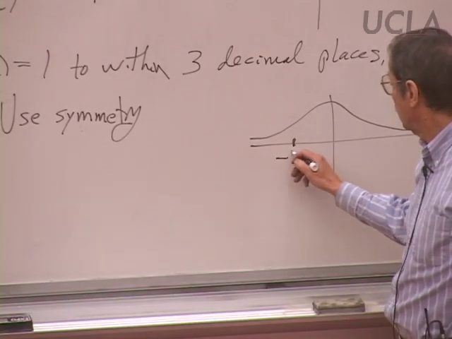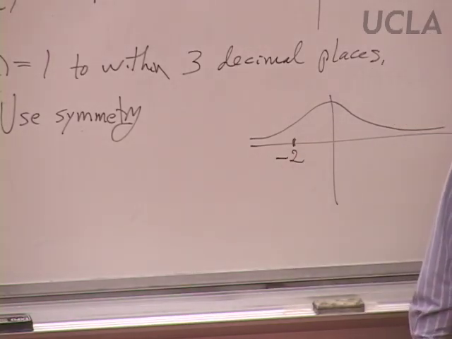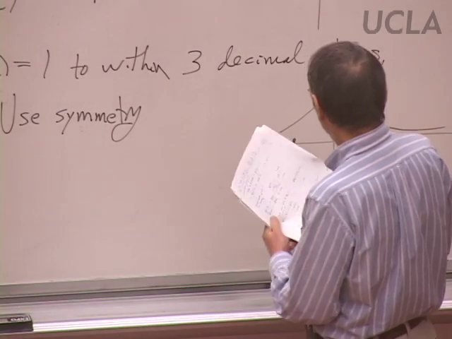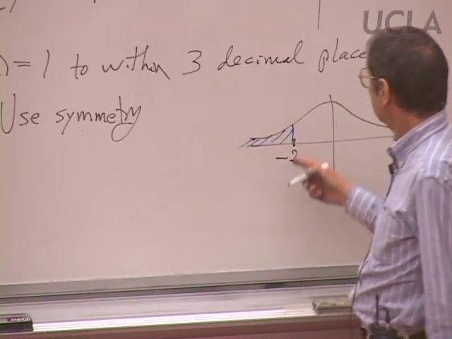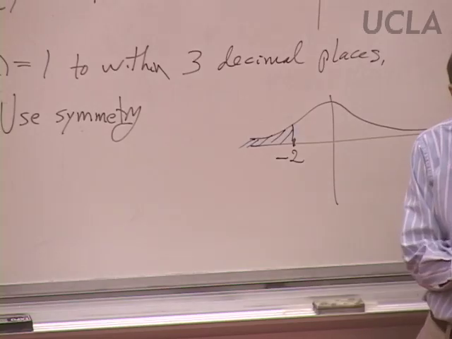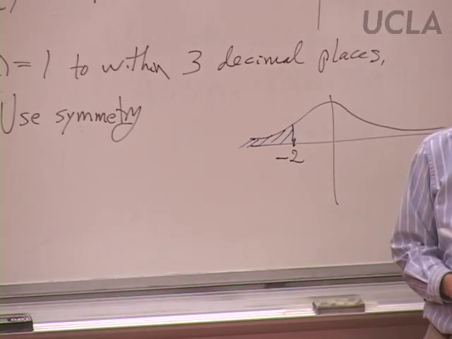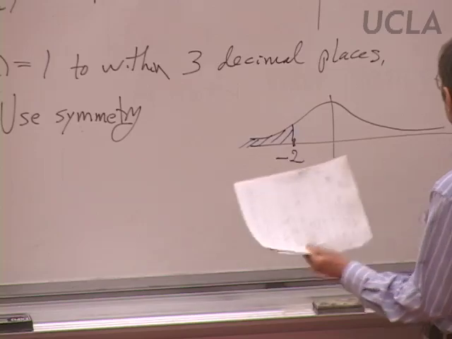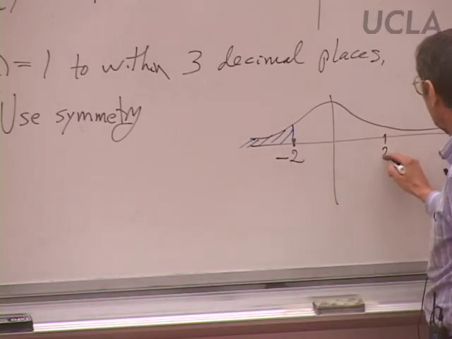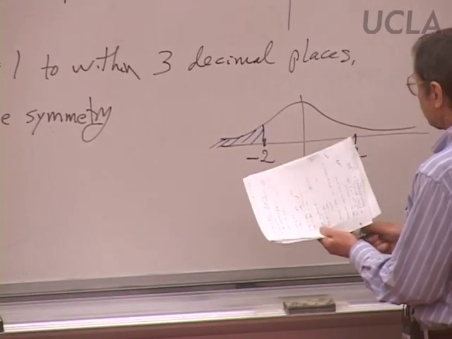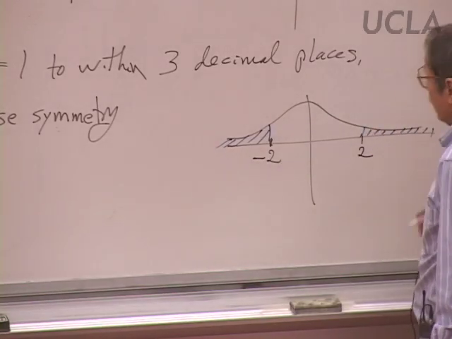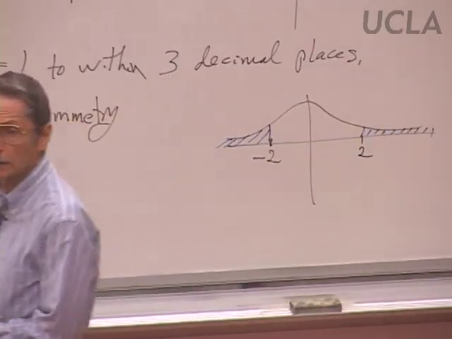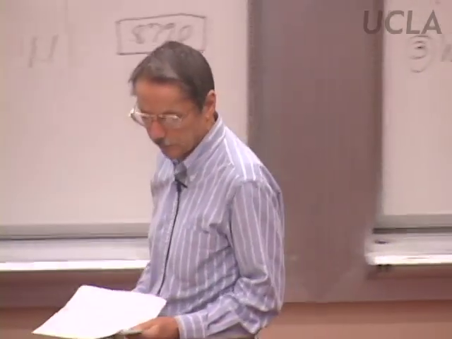What if we want phi of minus 2? That area there, phi of minus 2. Well, look at its mirror image. By the symmetry, the left-hand tail has the same area as the right-hand tail.